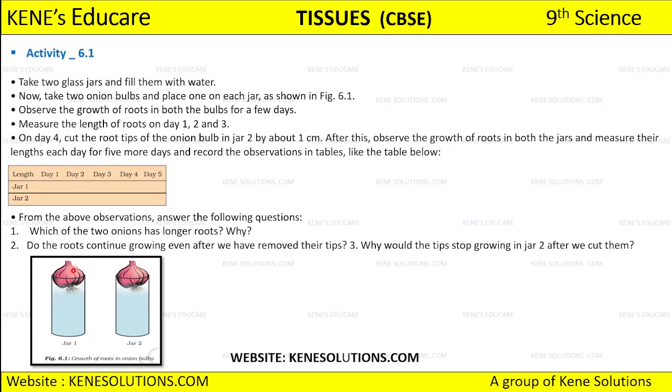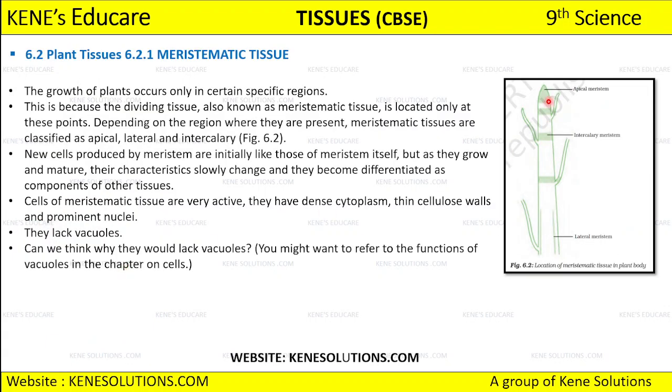Now all the 3 regions that we have contain a fast dividing cell group. These 3 regions are the apical meristematic region, intercalary and lateral. All these regions have a fast dividing cell group which we call meristematic tissue.